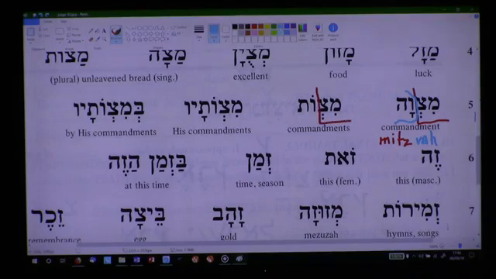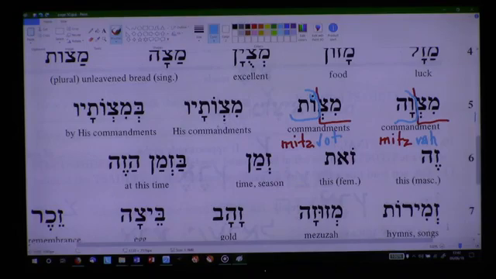However, the va is changed to an o, so this is not mitzot, but mitzvot, which is kind of weird because we're expecting to see with that o, it should be mitzot. But it's not. It is mitzvot. Okay.